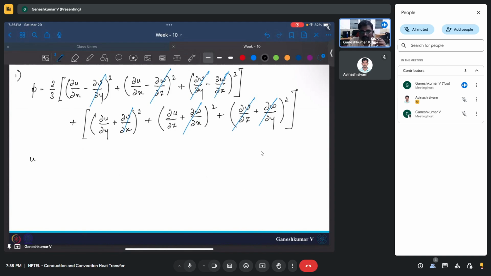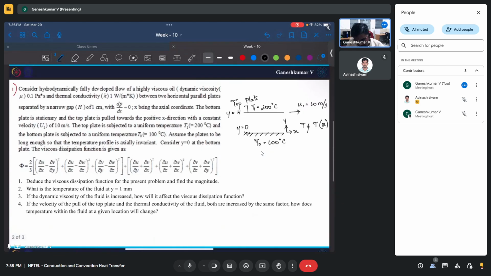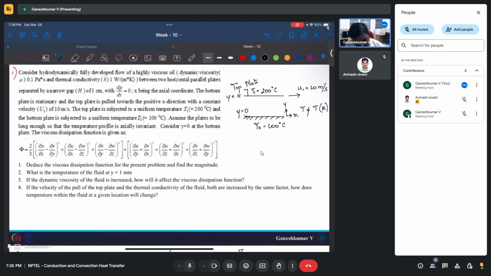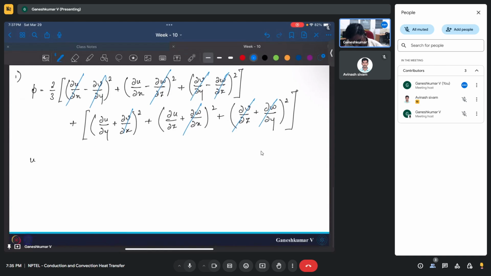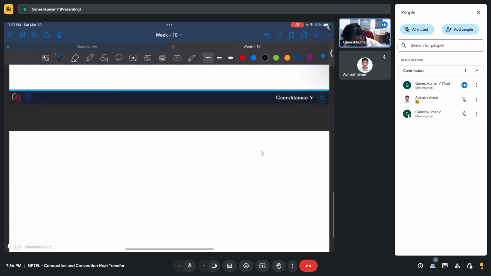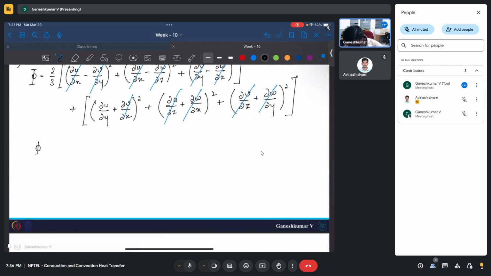But here it's a fully developed flow, they already said, so there is invariance. Similarly, u is not a function of x, right? So it can be only a function of y. So these are also gone, and there is no z, so this is also gone. So at the end you will end up having this viscous dissipation function phi to be simply dou u by dou y square.